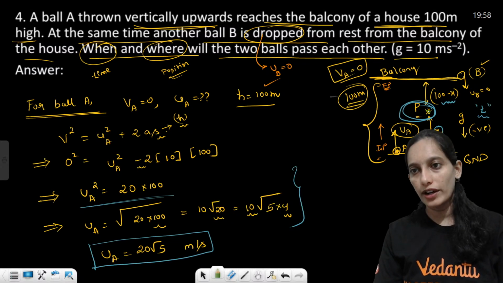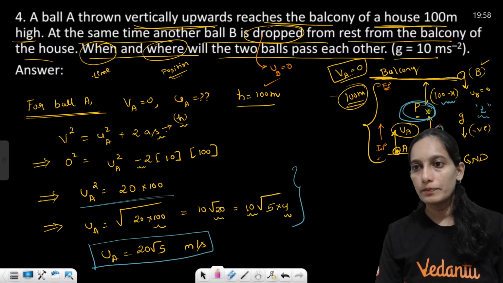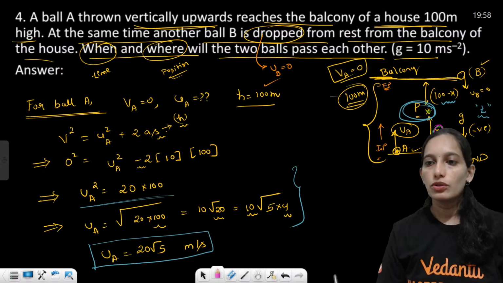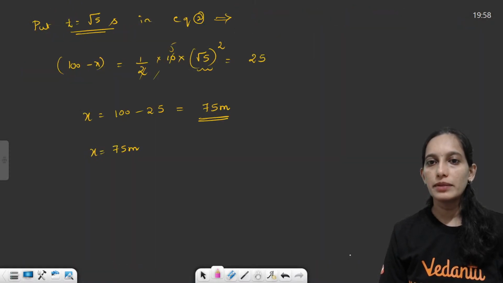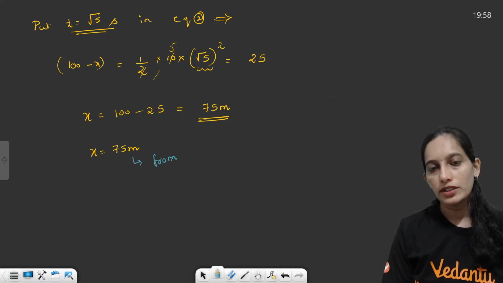So this point P we have marked, because here x is measured from the ground. So I can say 75 meter from the ground, the two balls A and B pass each other.